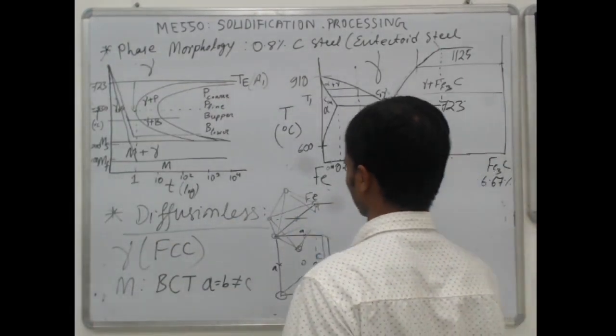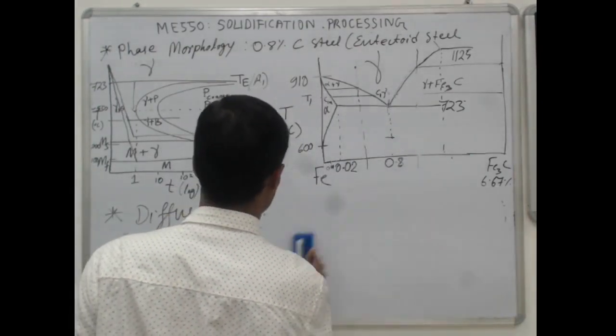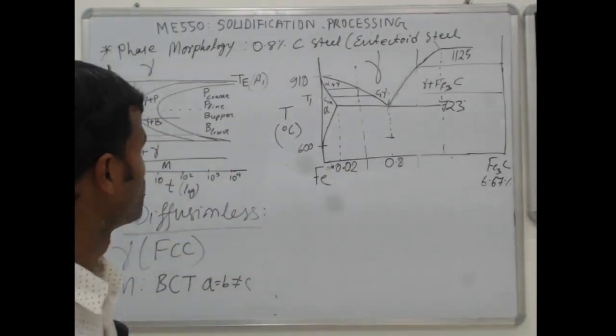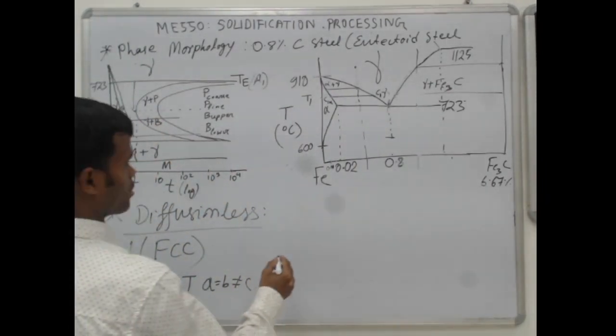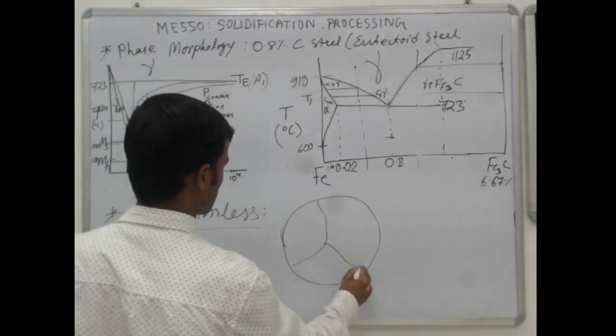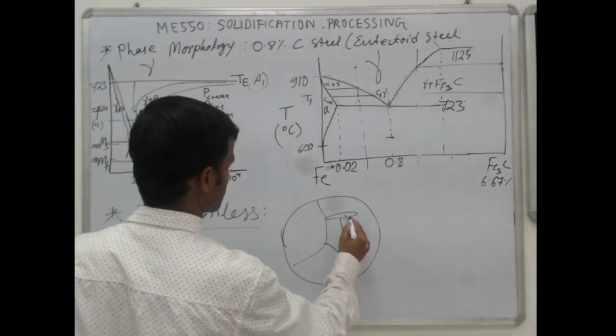When the martensitic transformation takes place, earlier you had everything austenite, so the martensite will look like this kind of structure.